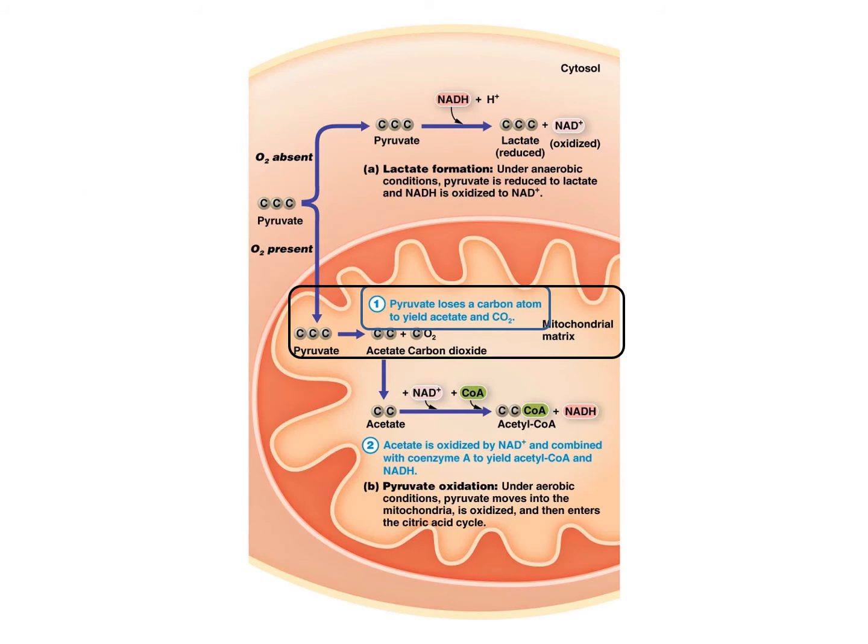And so here in this reaction, pyruvate loses a carbon to form acetate, which is a 2-carbon molecule now, and that carbon is lost as carbon dioxide.